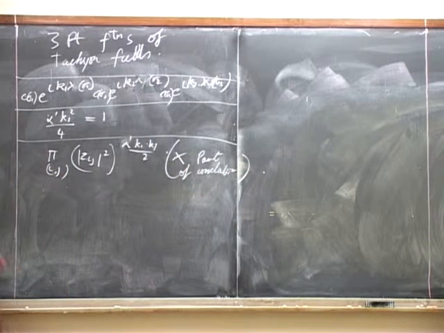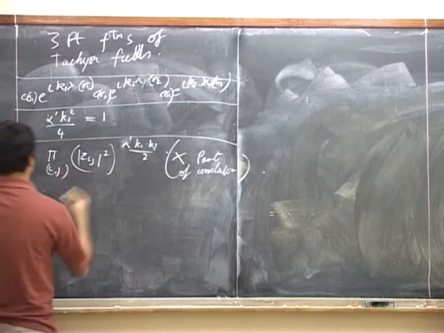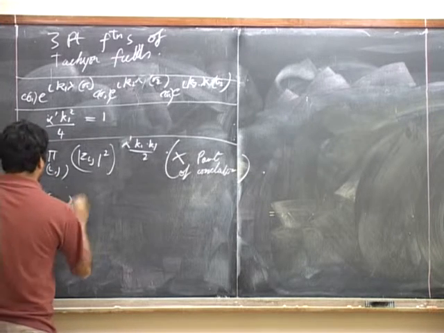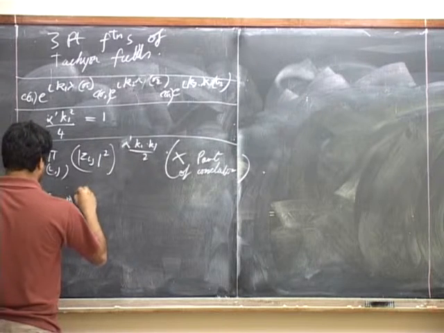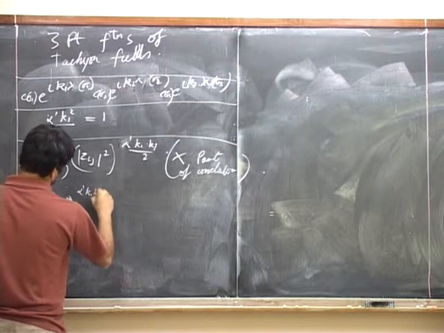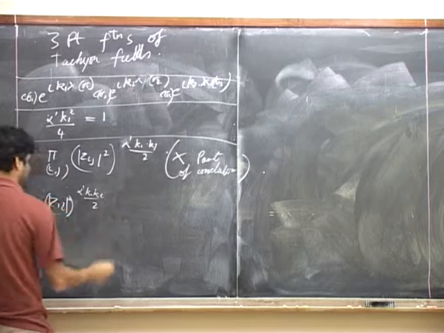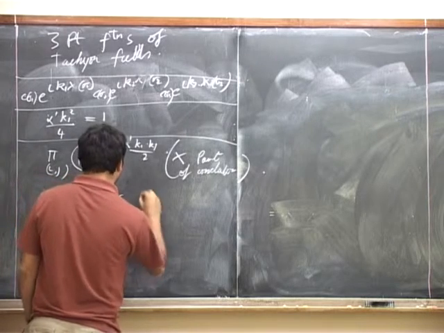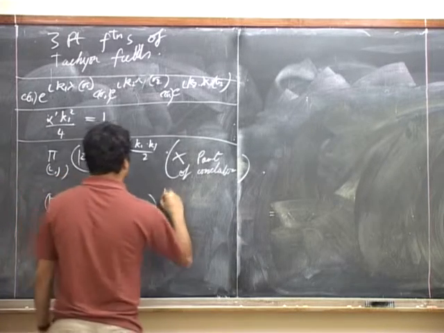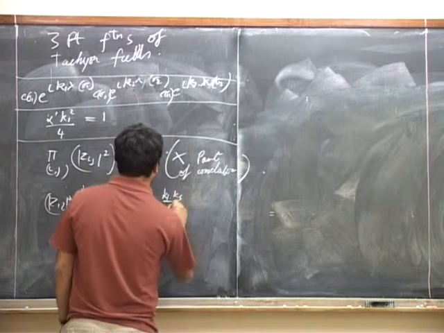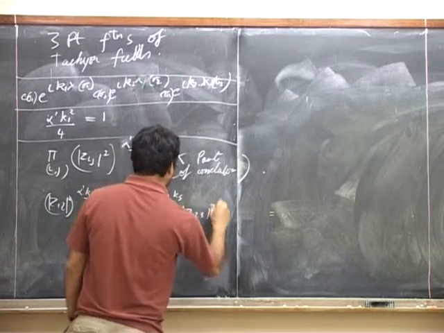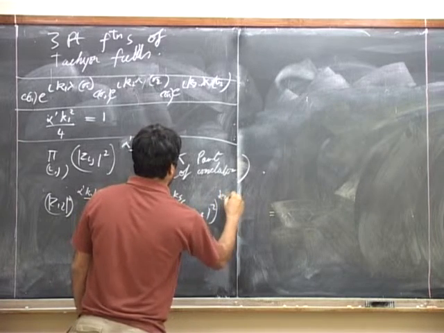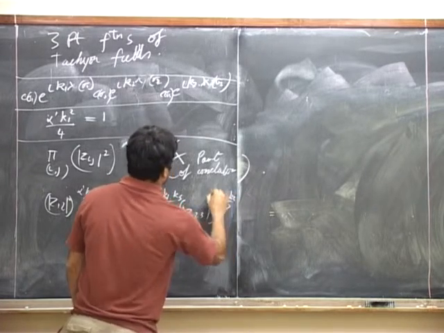So this is just writing it out in this case as mod z12 squared to the power alpha prime k1 dot k2 by 2, mod z13 squared to the power alpha prime k1 dot k3 by 2, mod z23 squared to the power alpha prime k2 dot k3 by 2.